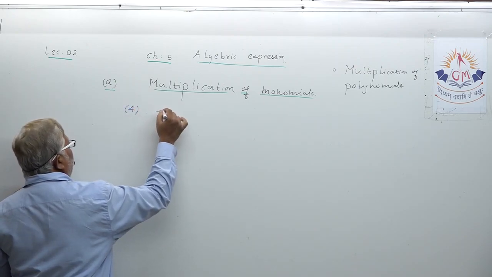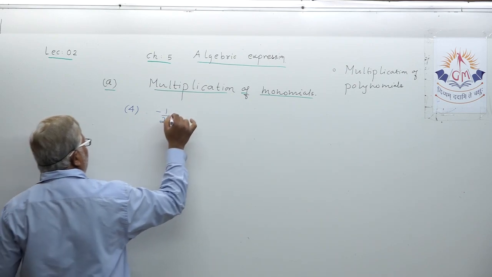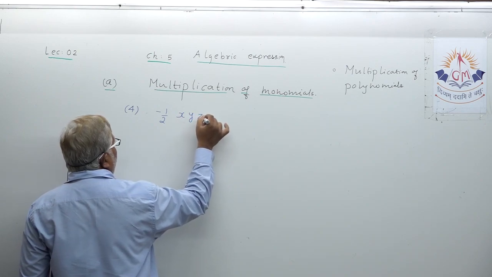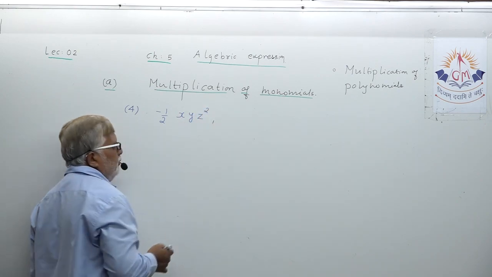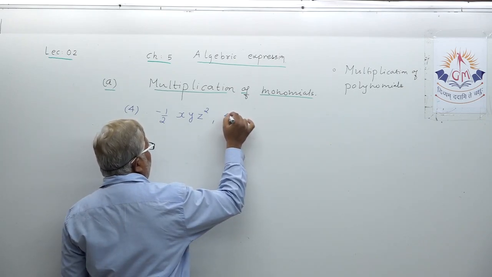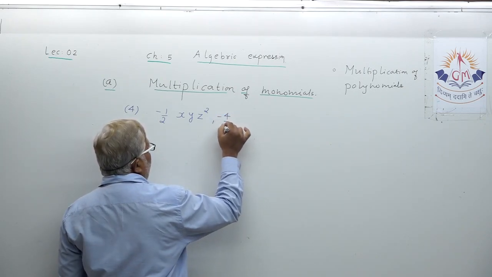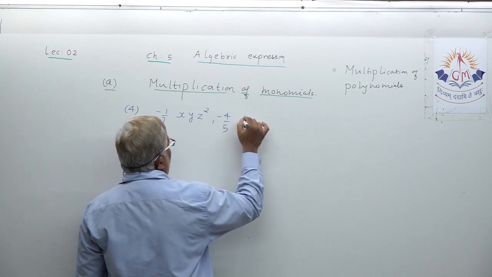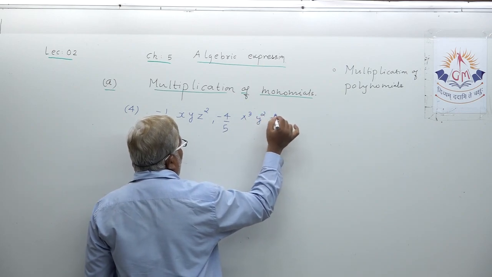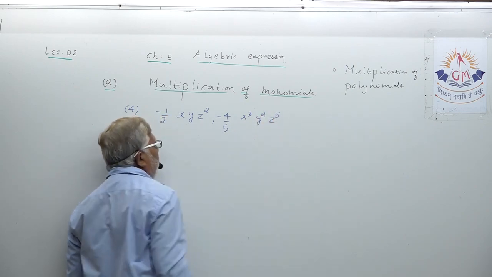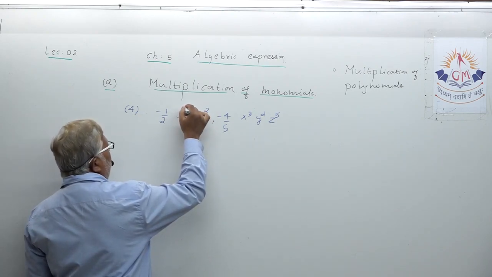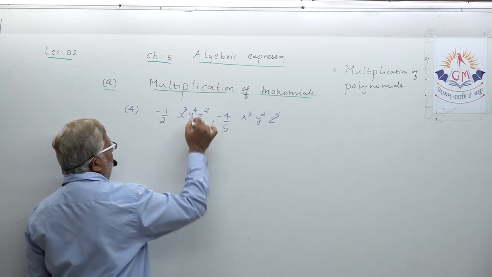I am writing minus 1 upon 2 x y z squared. This is the first term. Okay, then let me write minus 4 upon 5 x cubed y squared z raised to 5. Here let me put some power to make the sum a little more complicated.